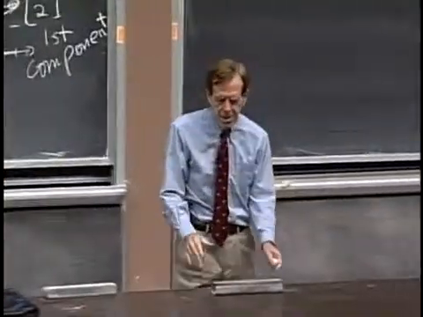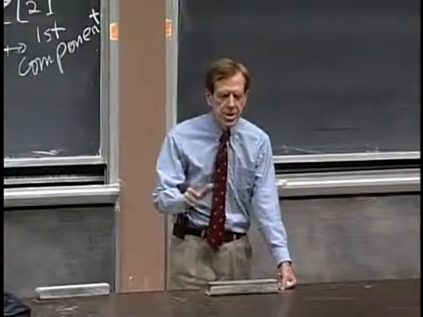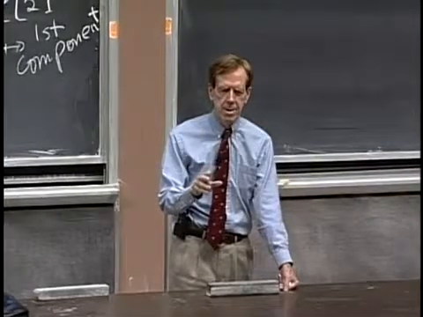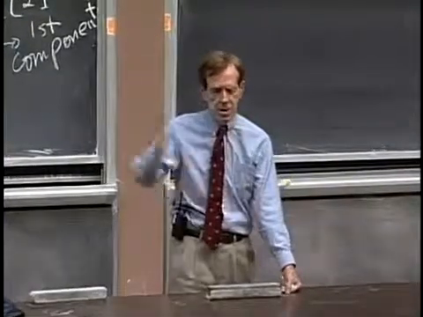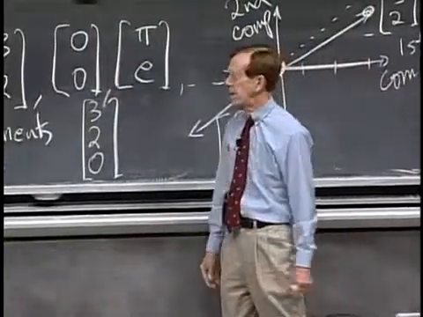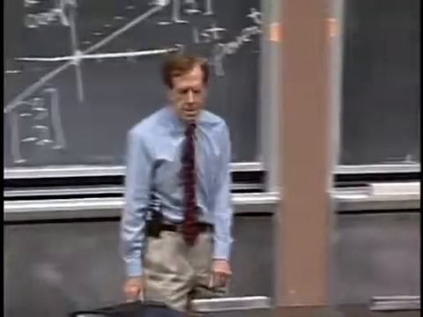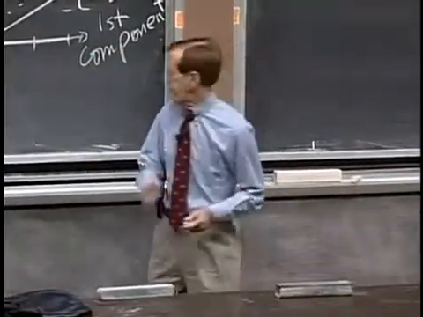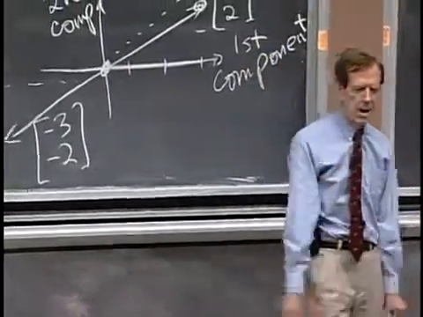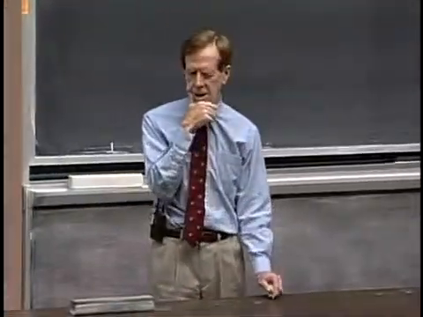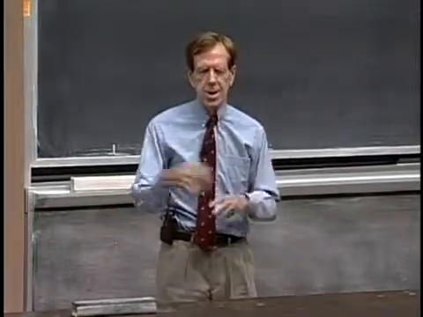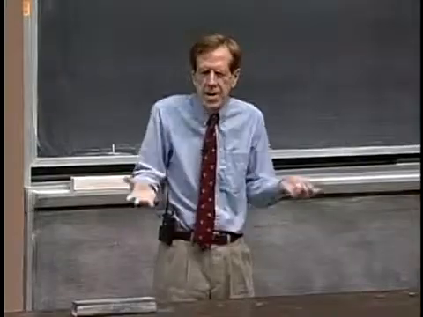Honesty requires me to mention that these operations of adding and multiplying have to obey a few rules. Like we can't just arbitrarily say the sum of 3, 2 and pi, e is 0, 0. It's not. The sum of 3, 2 and minus 3, minus 2 is 0, 0. The book actually lists the 8 rules that the addition and multiplication have to satisfy, but they do.